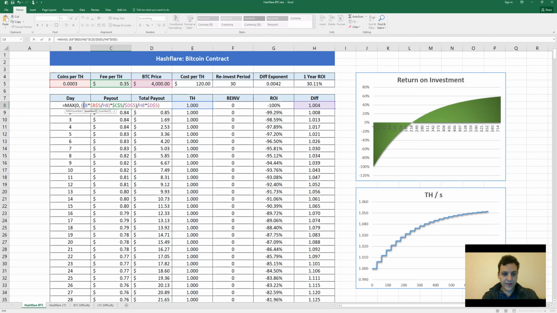So this is my revenue in coins. Now I multiply that by the price per coin, which is unchanging. Then I subtract my fee, which is unchanging, multiplied by the number of terahash I have. Oh, this can go away. As long as I keep the brackets here, all fine.